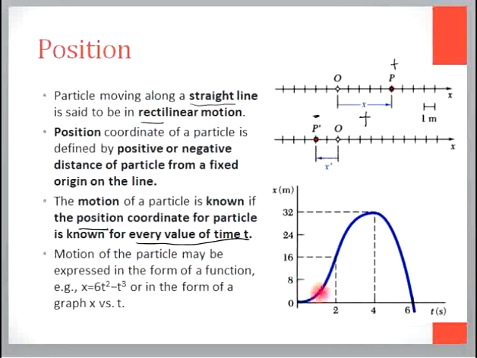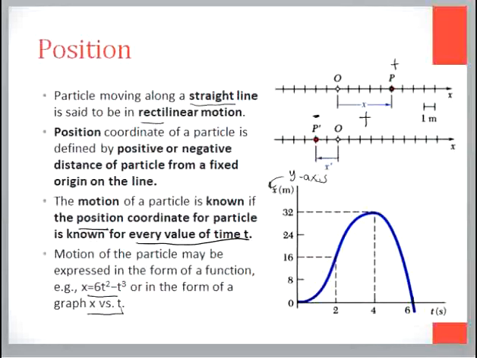So if we know the position at every time, we can know the motion of the particle. It can be expressed in terms of a function such as this and a graph of x versus t. So the y-axis is x and the x-axis is t.